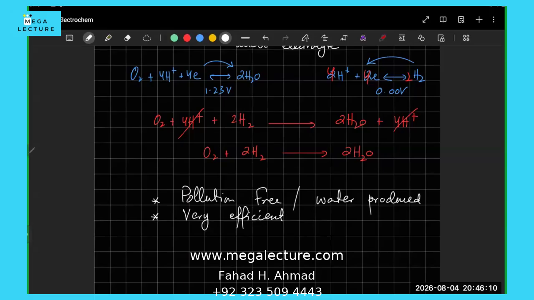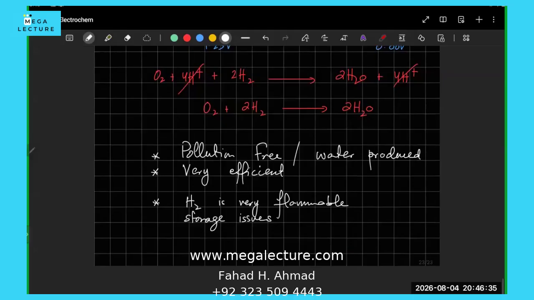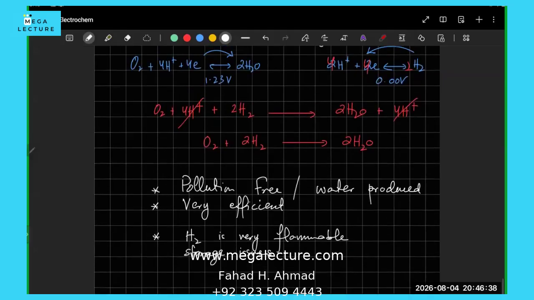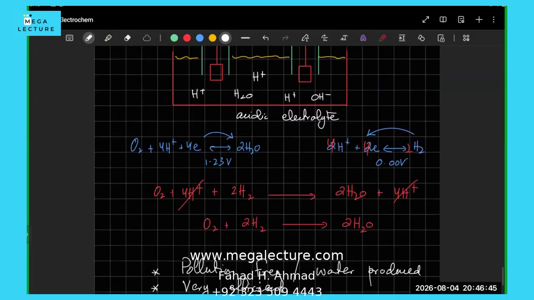The negative part is that one of the gases is highly flammable. H2 is very flammable and difficult to store. These are storage issues, because it's a gas, and it's difficult to store gas under high pressure. Is this clear? Yes.